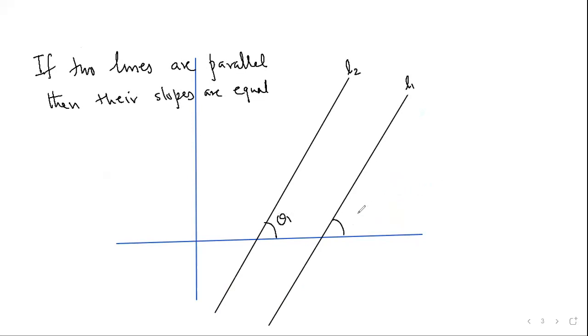This is theta 1, and this is also theta 1. So here the slope will be tan theta, and this slope will also be tan theta. Slope of L1 is equal to slope of L2.